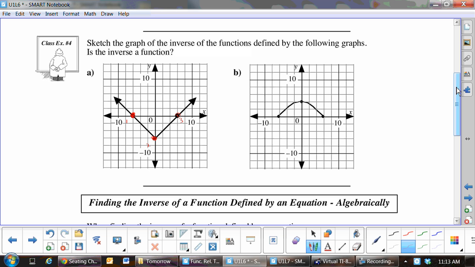When you're doing inverses of pictures, just reverse the coordinates. So maybe you need to even write it down at first. I've got in point 1, we've got negative 6, 0, and it is going to become 0, negative 6.